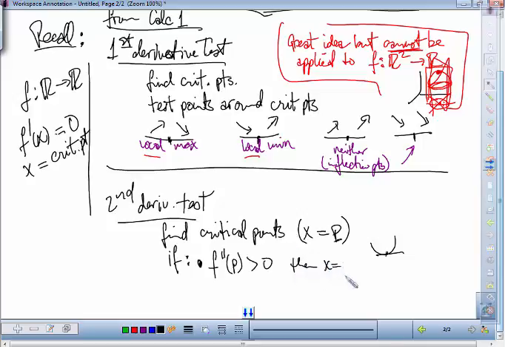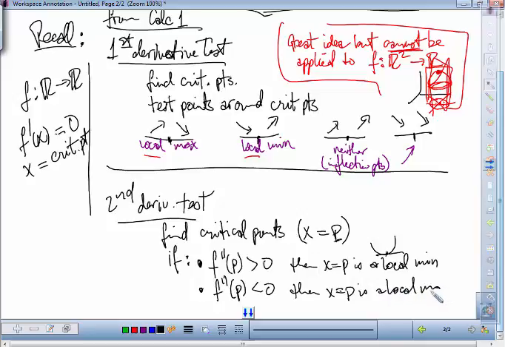Then x equals p is a local minimum. And likewise, if it's less than 0, then x equals p is a local maximum.